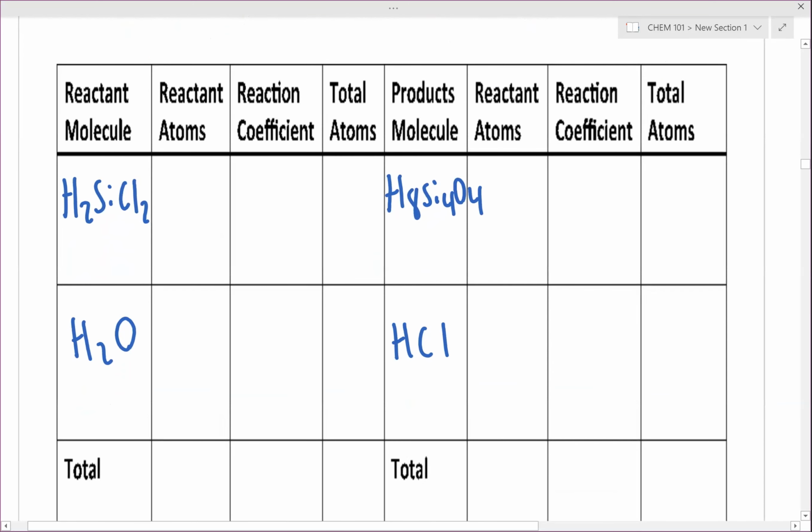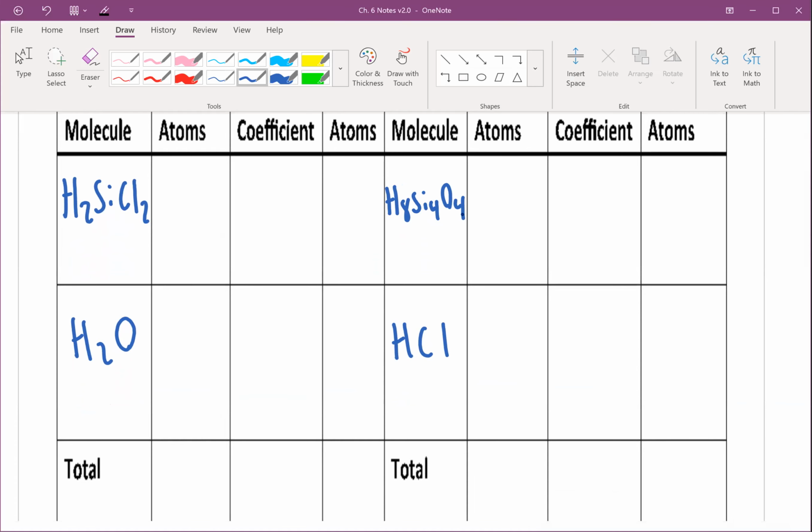Okay, perfect. So we now have our reactants and products. We've abstracted that information from our chemical equation. Now let's do a count.